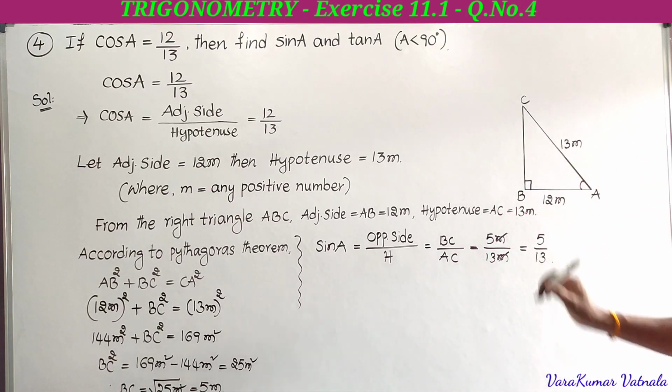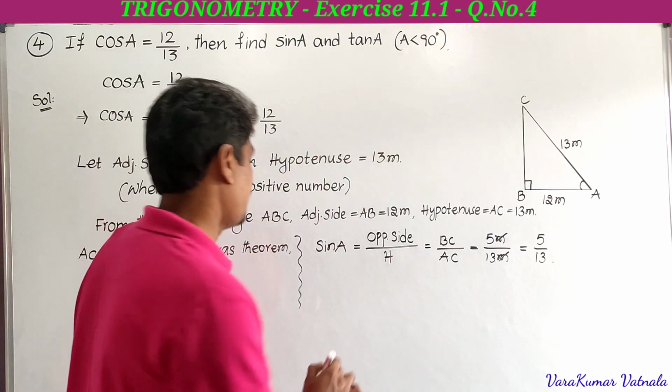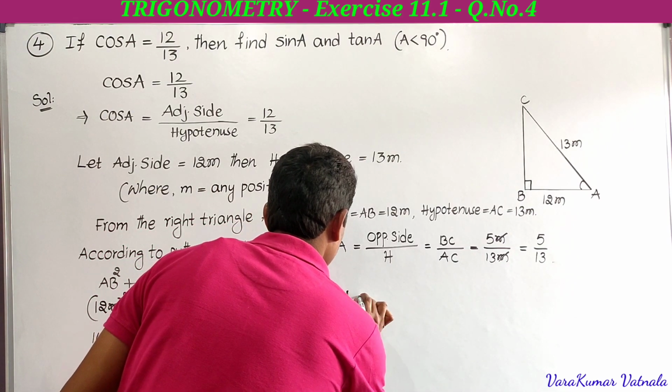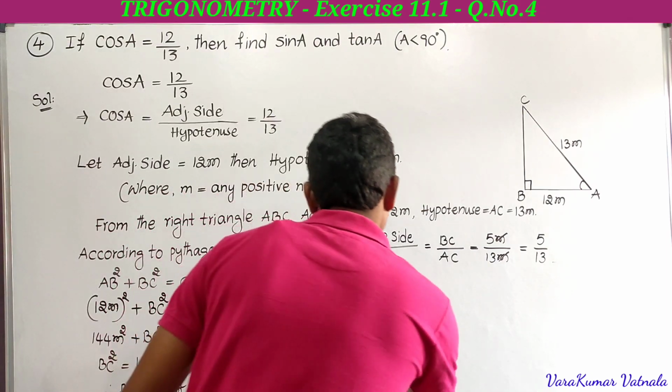So sin A is equal to 5 by 13. In the same way, how to find tan A? Tan A is equal to, what is the formula? Opposite side by adjacent side.